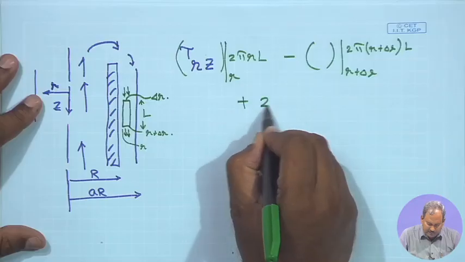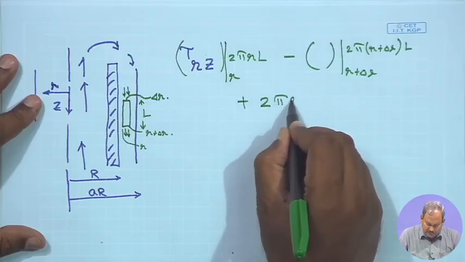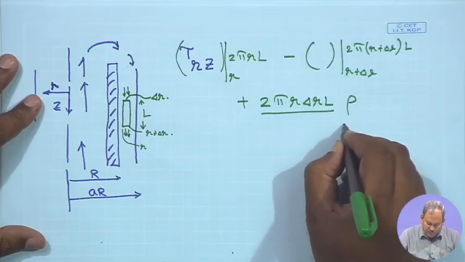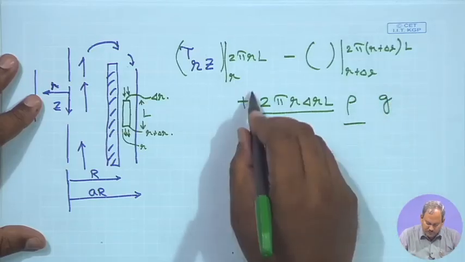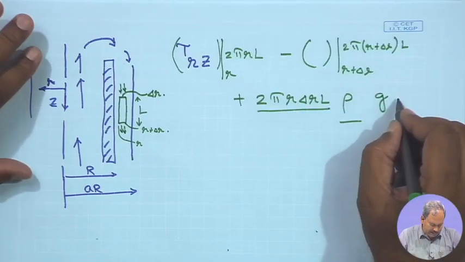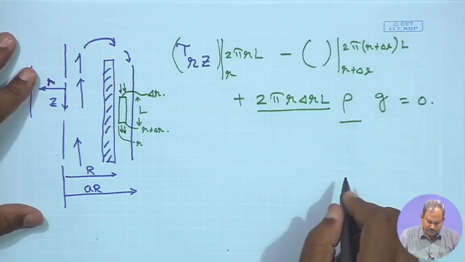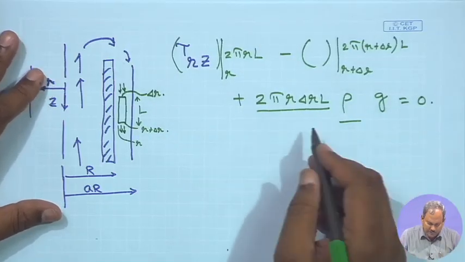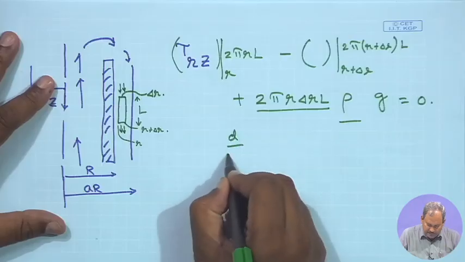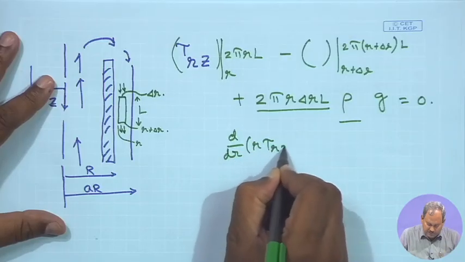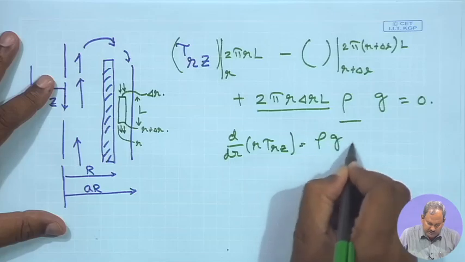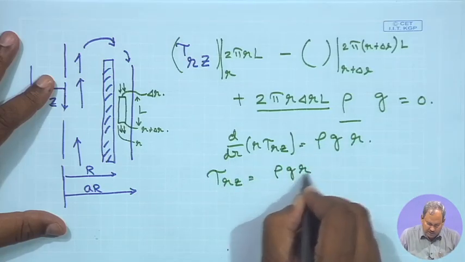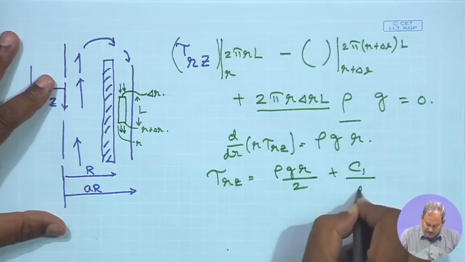The only other thing is gravity, for which you need to first find out what is the volume, multiply that volume with rho and with g in order to obtain the body force, and at steady state this is equal to 0. So, after you divide both sides by delta r, the usual practice, by now you are experts of that. So, what you get is d/dr of (r tau r z) is equal to rho g times r, or tau r z is equal to rho g r by 2 plus C1 by r.